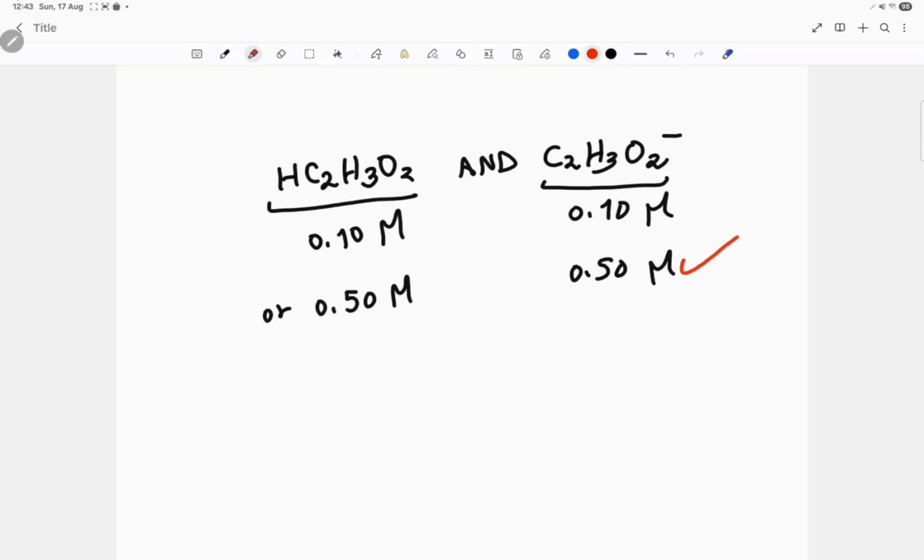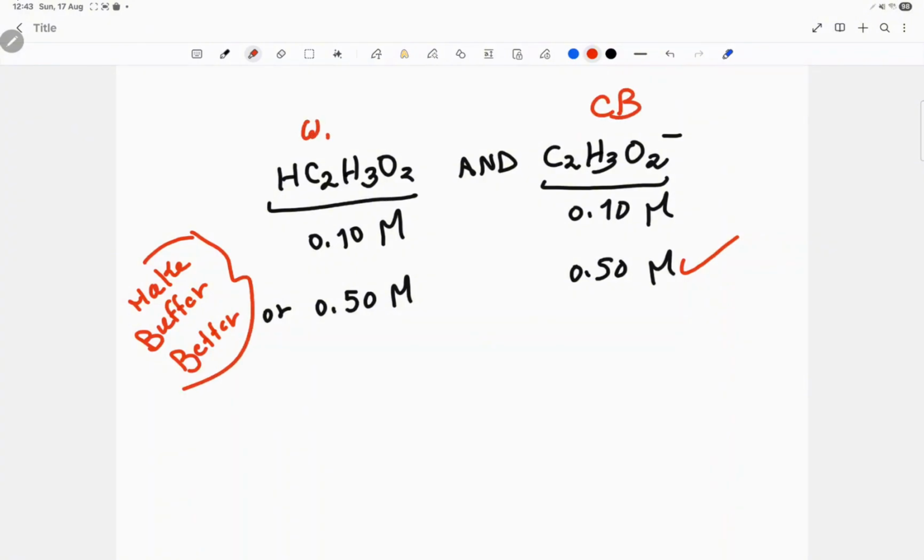So the higher the concentration, the better they can resist pH change. Okay? So that's one thing to make a buffer better. So this is a conjugate base and this is the weak acid, right? Exactly, that's the conjugate base and that's the weak acid.